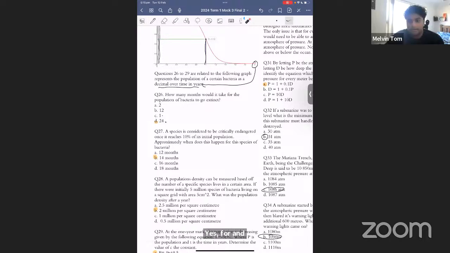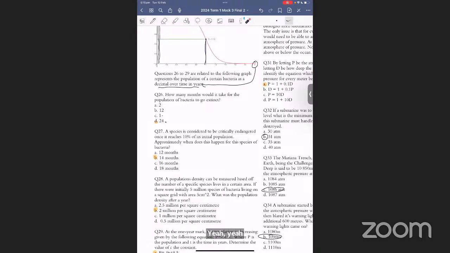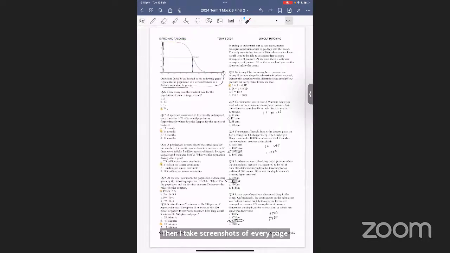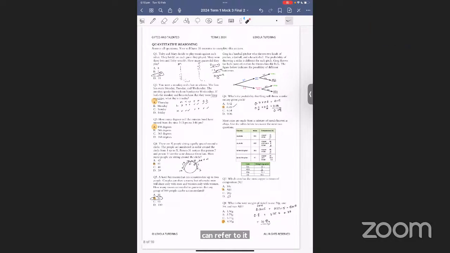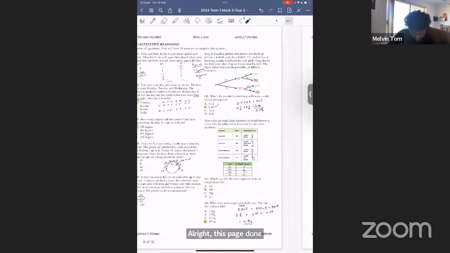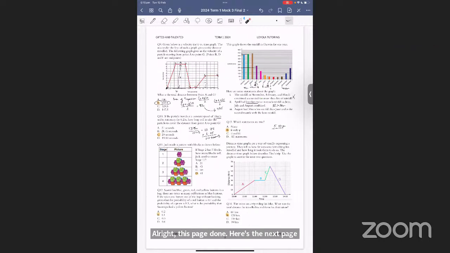Can I take screenshots of every page? Of course you can. 4 and 16th abstract. Yeah, send it all in the chat if you can, so that way I can refer to it. Thank you. All right, this page done. Here's the next page. Done.